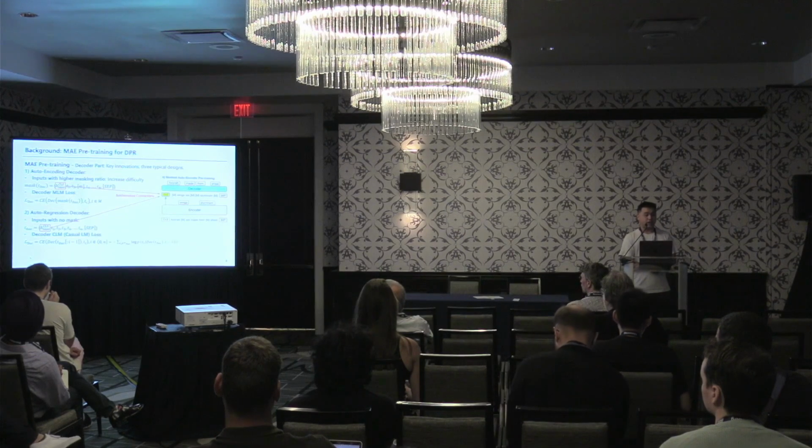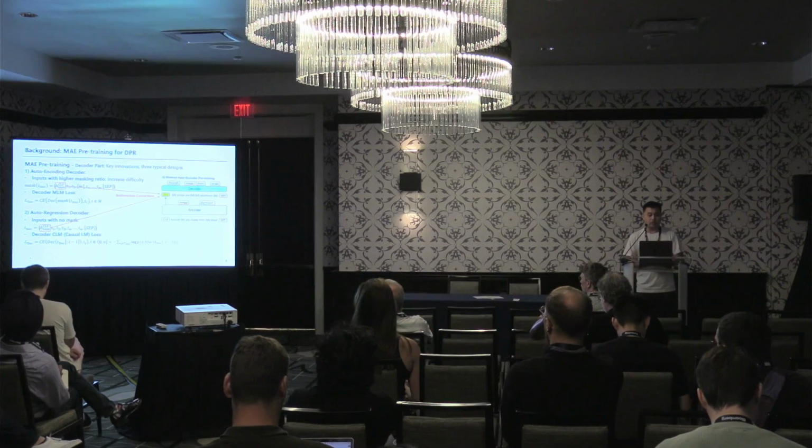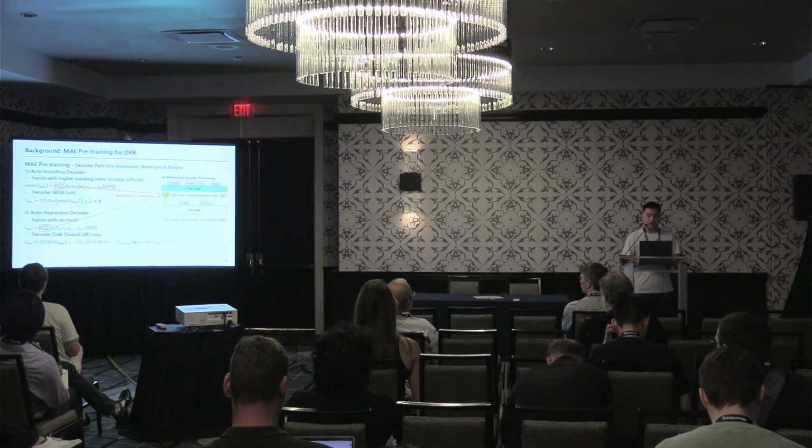The first one is the auto-encoding decoder. What's the design? It shares the same input as the encoder, but the decoder will have a higher mask ratio. This is to increase the difficulty of the decoder learning.